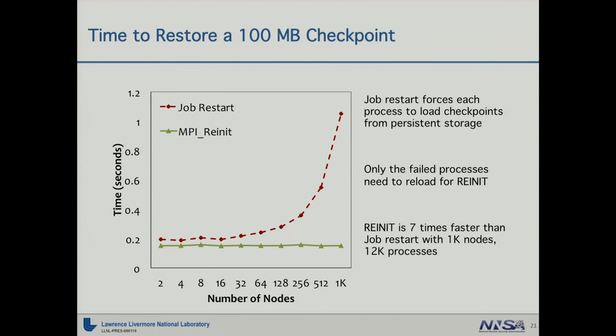And here we have the time when we compare Reinit with job restart, but here we are storing a checkpoint of 100 megabytes, and we're storing this checkpoint in memory in adjacent processes. So we have the advantage that since the job is not killed, we can restore the checkpoint that is stored in memory from another process. In the job restart case, we lose the memory, so we have to read the file system. So we are doing much faster, of course, than a traditional job restart.